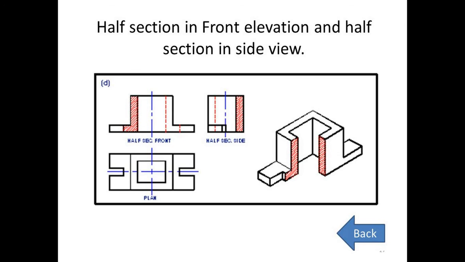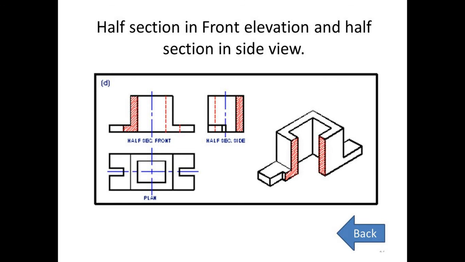But when you cut the half sectional side view, the hatching line is shown in the side view, and when seen from the top view, two grooves inside a square or rectangular hole are there. Such half sections are used for clear inside and outside indication.